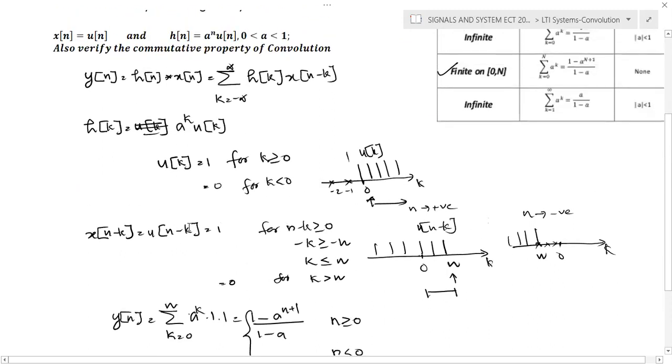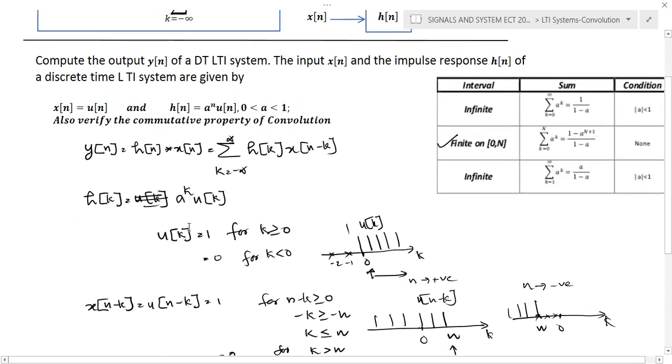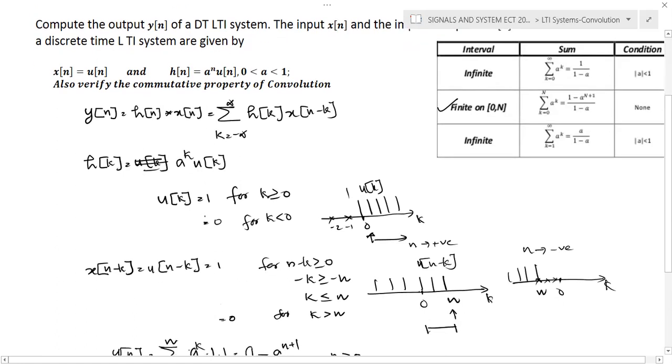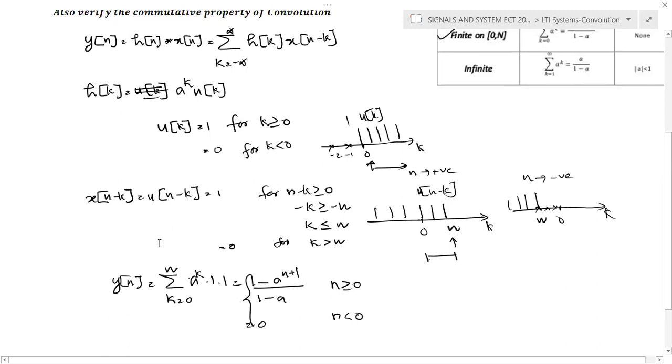Most of the time you can use this technique, because if you compare these two problems, in the first case you need to perform more simplification. If you observe the second, you can find the final answer with reduced steps.